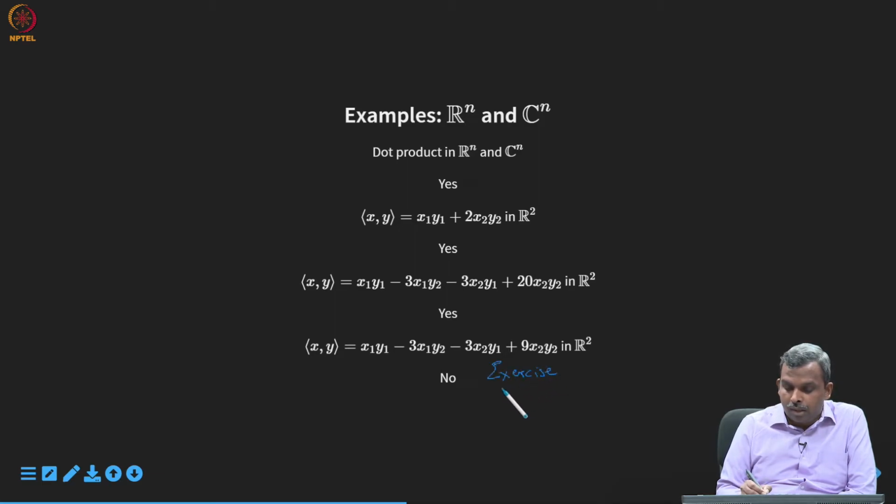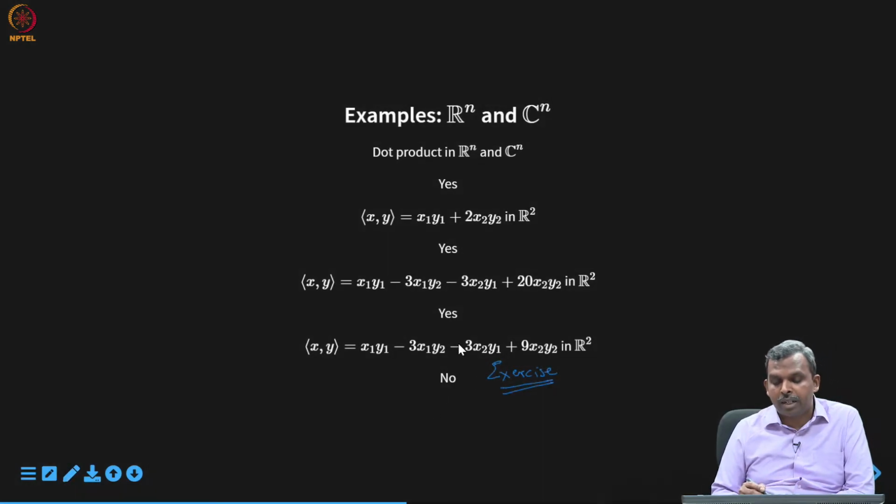Try on your own and convince yourself which property gets violated. You can repeat what I did last time and look closely at every property. This 9 is sort of a hint for you. So, these are some examples in Rn and Cn.